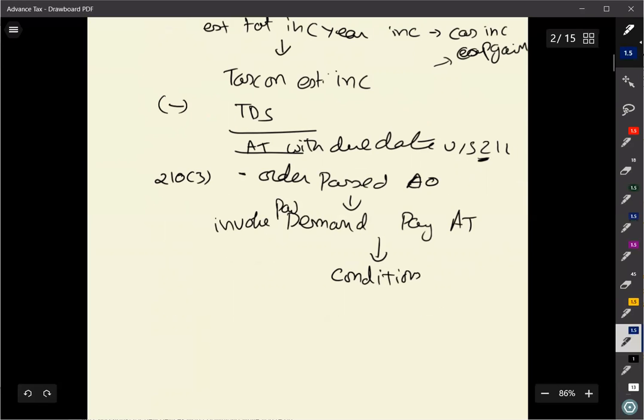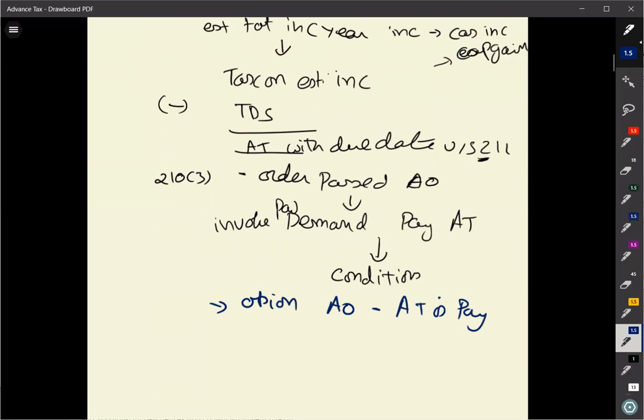What are the conditions? Let us see. The first condition: in the opinion of the assessing officer, advance tax is payable. Last year, you had paid an income tax of 25,000 rupees. That means the current year, your tax will be either 25,000 or more.